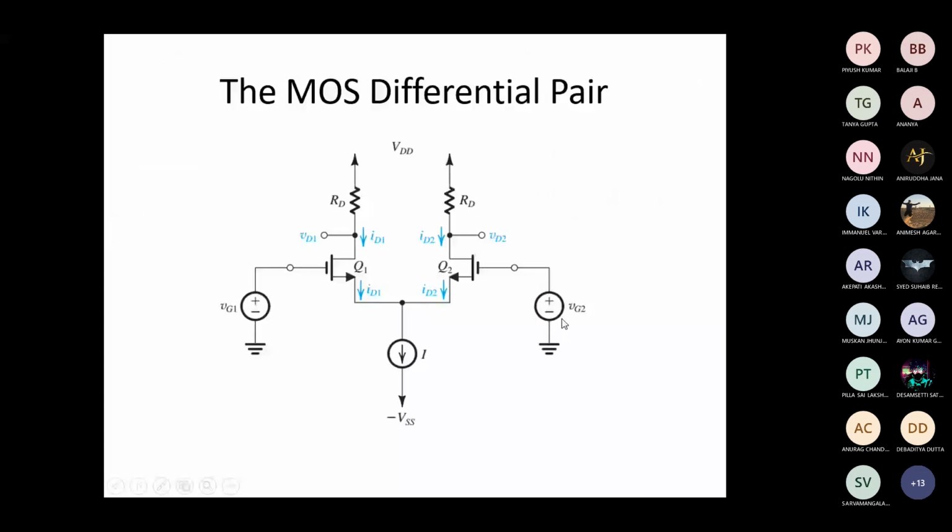In this general one, we have first tried the common mode input, which is the same input given to both. The next one is the differential mode, where we are giving different inputs. It means VG1 equal to VID and VG2 equal to 0. According to your observation, VG1 will be equal to VID and VG2 is 0.